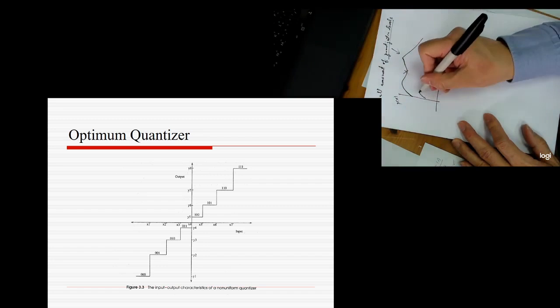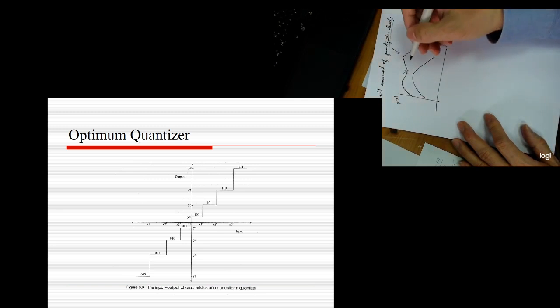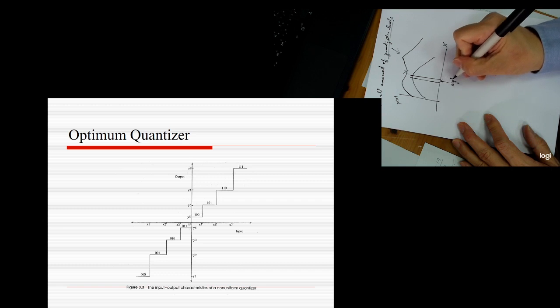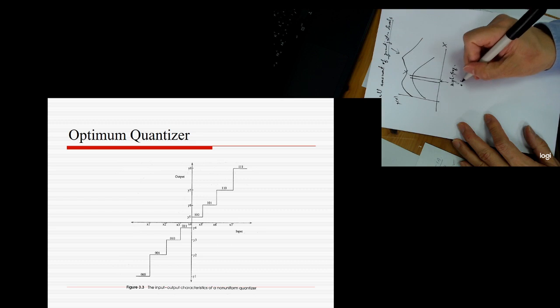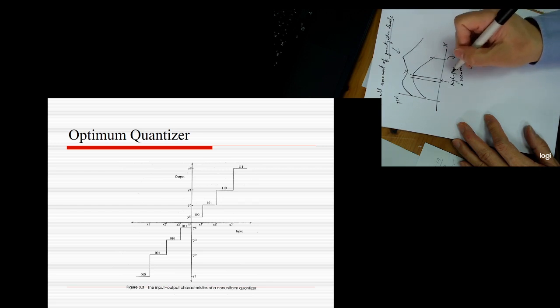If you have a probability density function like this one, we can consider where data occurs most frequently. In this region, the data occurs at high frequency. The boundary signal is low frequency, not occurring frequently.